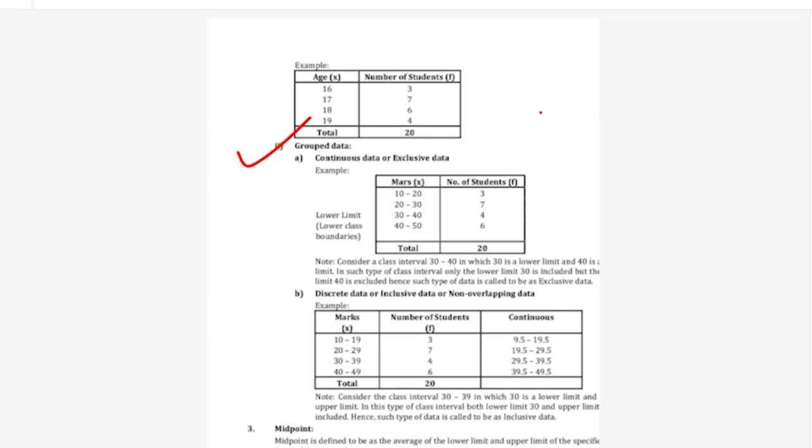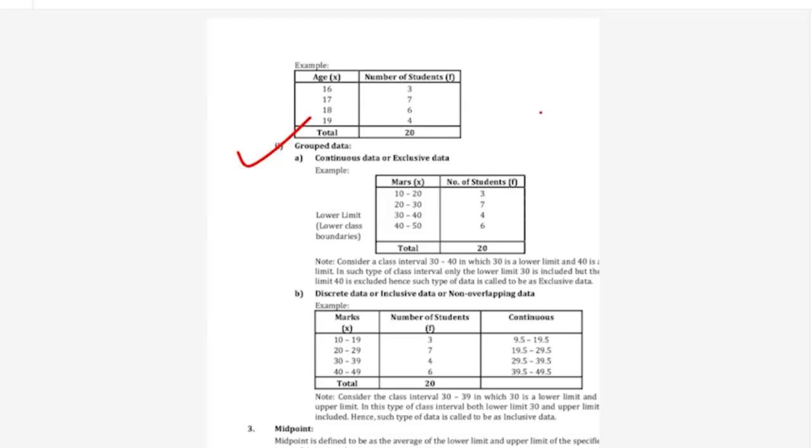So here in this case, when I have classified the marks in the form of 0 to 10, 10 to 20, 20 to 30 and so on till 90 to 100, these are called groups.